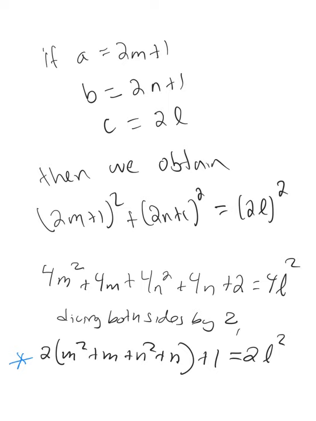So this equation says that an odd number is equal to an even number. So again, we have a contradiction.